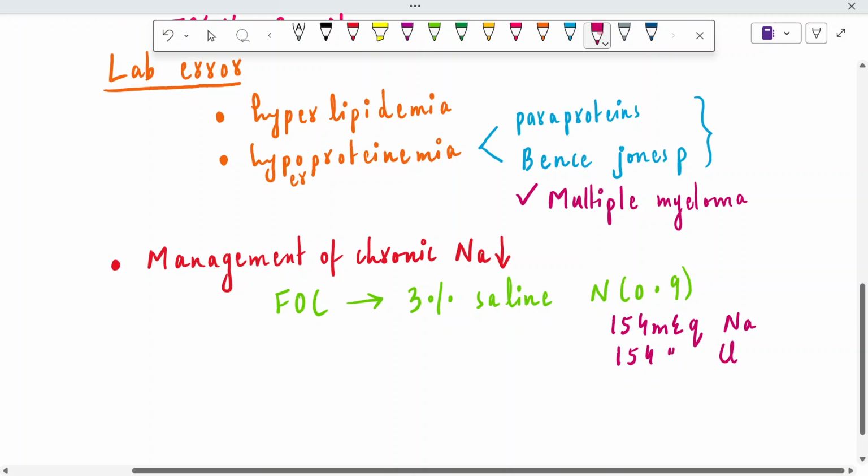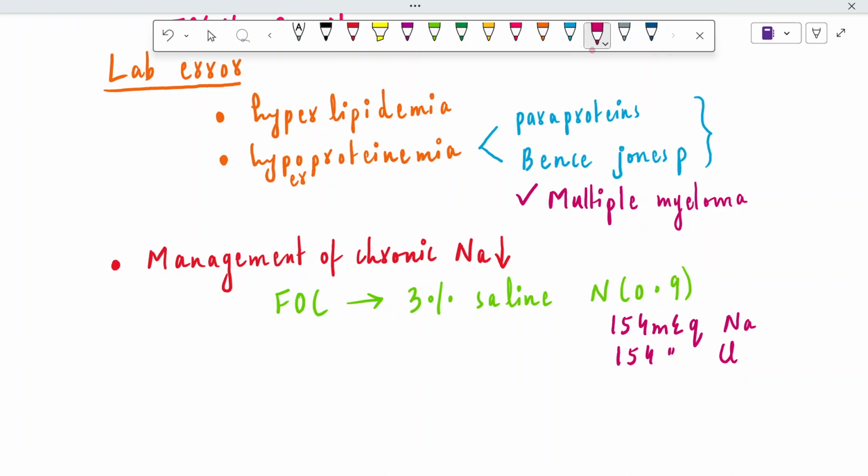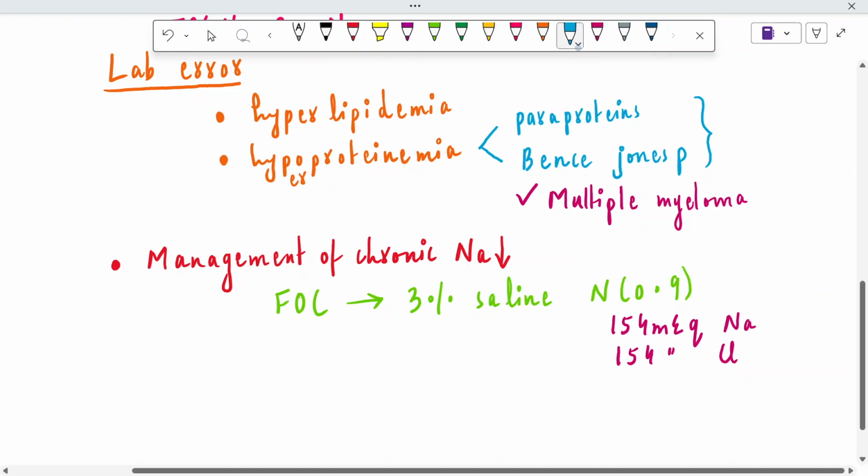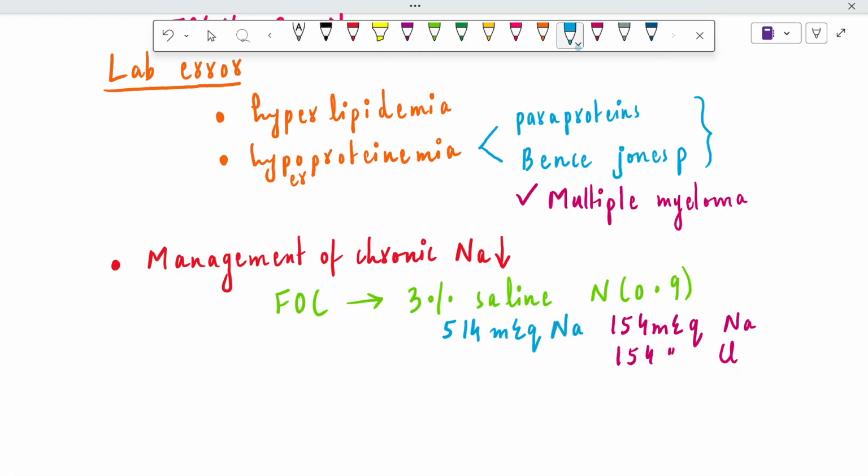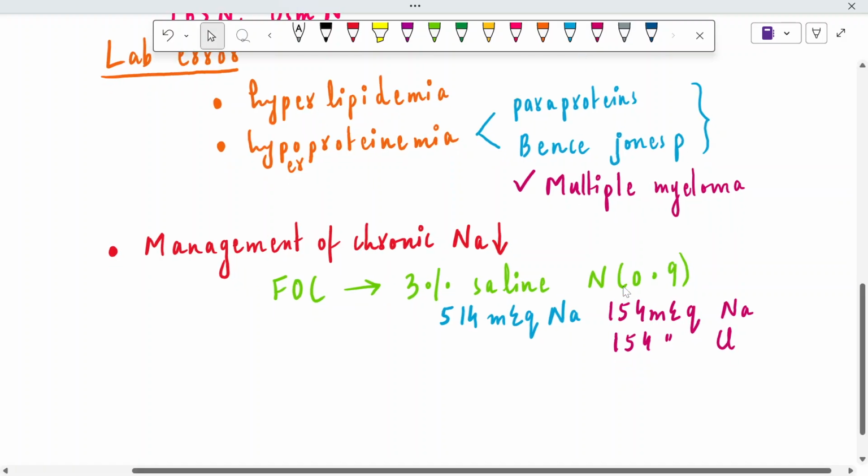In this condition we do not want normal saline to cure the patient. We want hypertonic saline, and it contains 514 milliequivalents of sodium. It contains a huge amount of sodium. That's why we are treating the hyponatremia component.